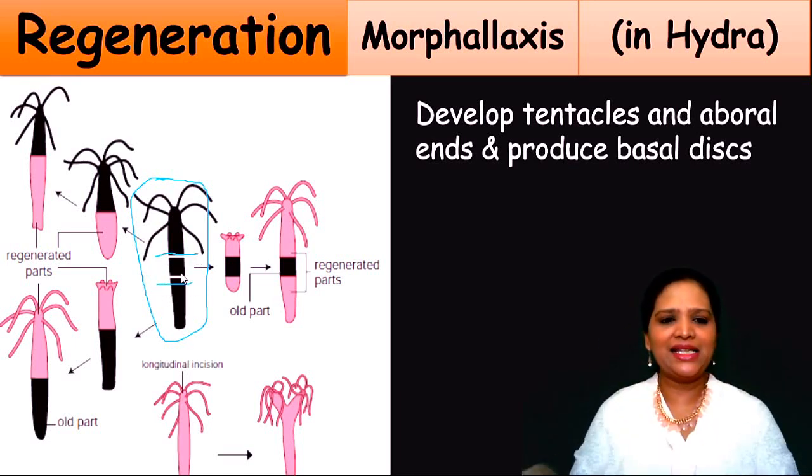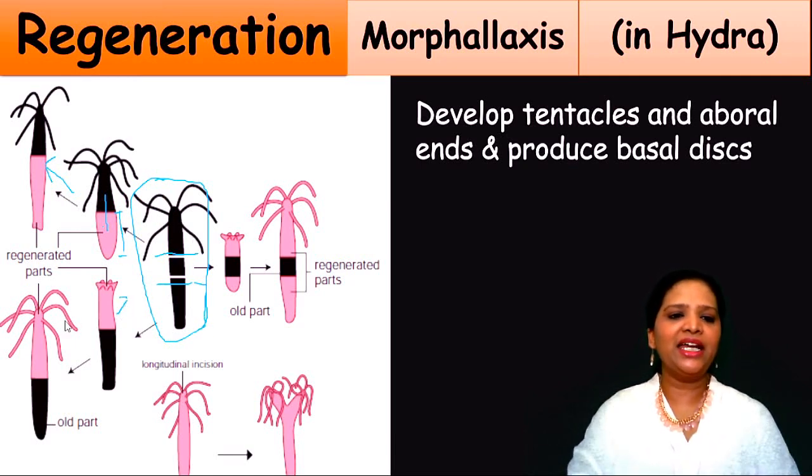The center part gets detached, right? So what will happen? This part, which has only the head, will regenerate its tail or the base. See, from the head the tail part grows and it becomes a fully regenerated Hydra. Similarly, the tail part which lost its head starts to regenerate and develops the head part.